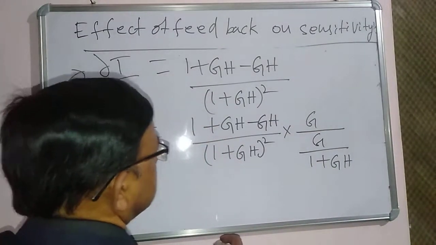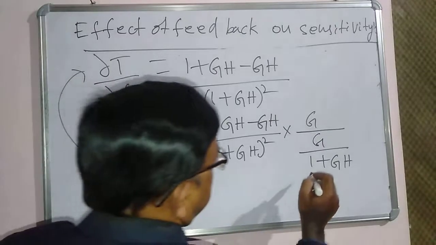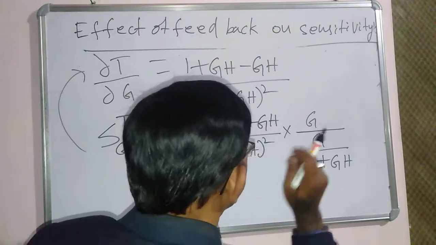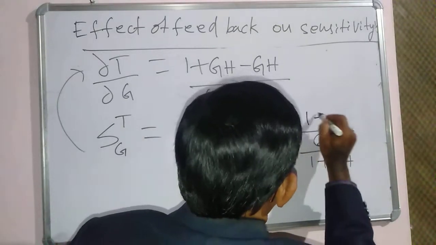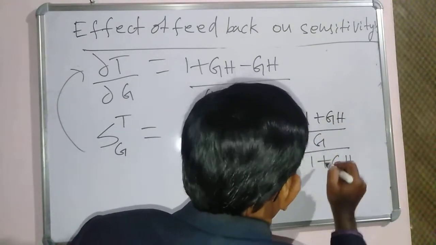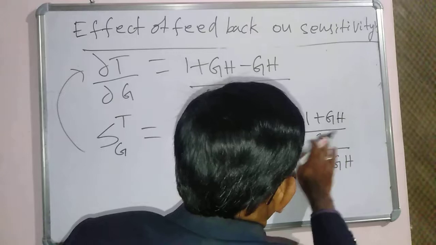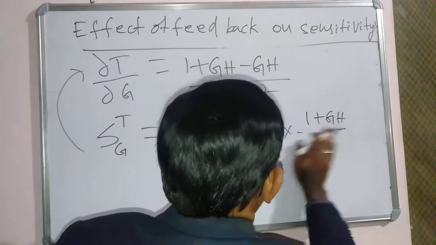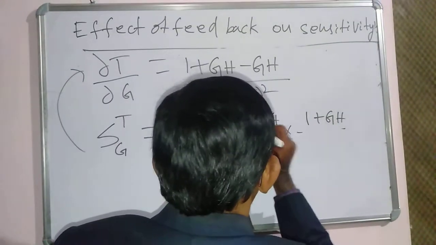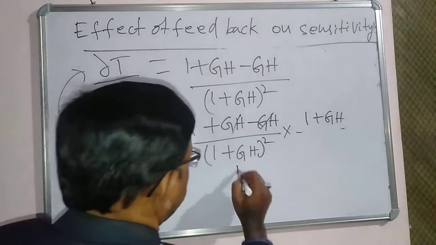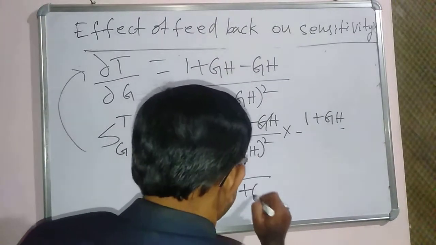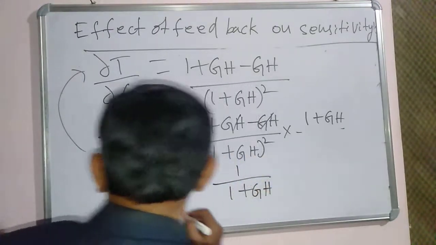So here this 1 plus GH will be here and G and G will be cancelled. Therefore it is equal to 1 by 1 plus GH.